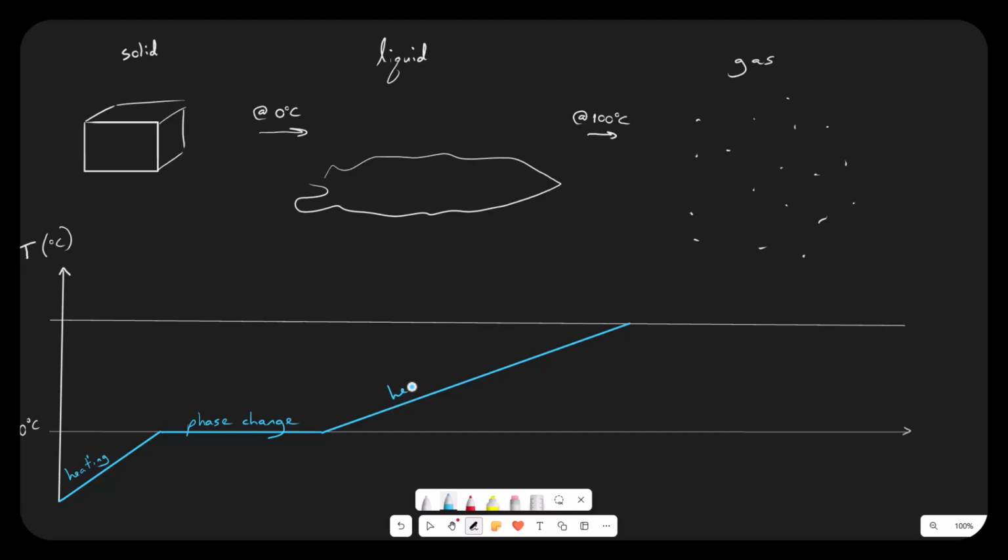So this is another heating phase. And then I'm evaporating. So this is my phase change. And once it's evaporated into steam, I can heat that steam up more.